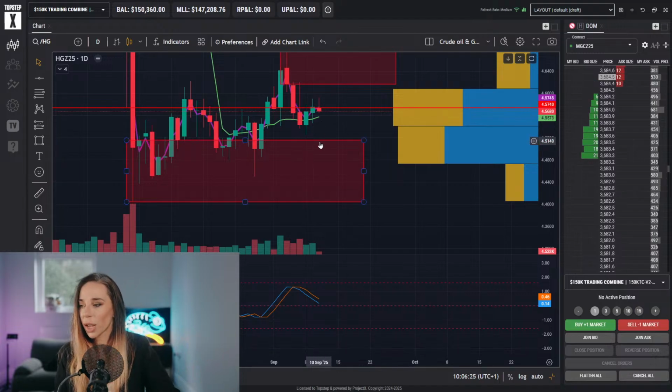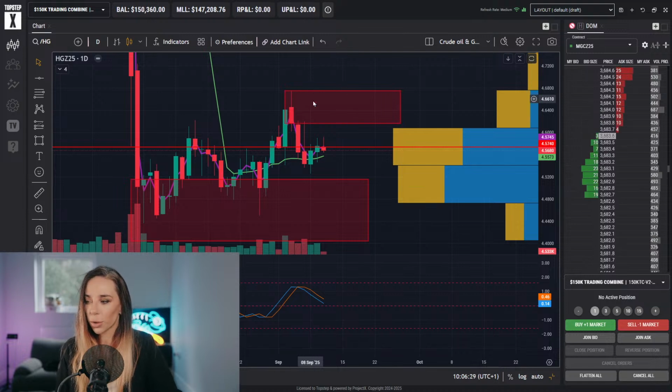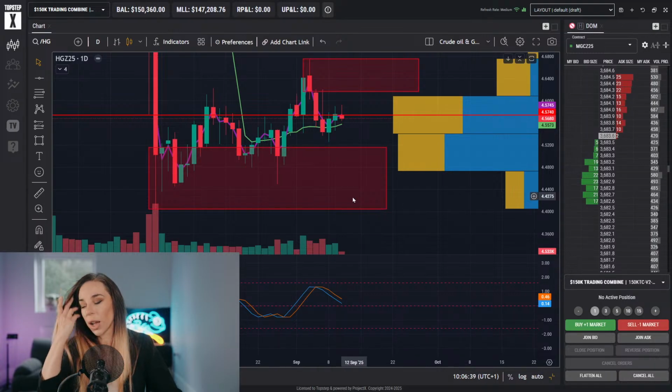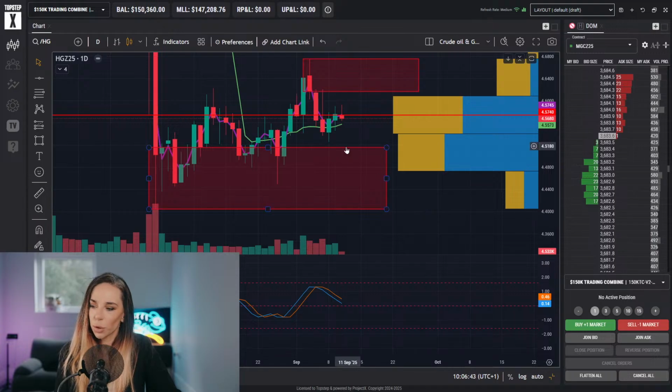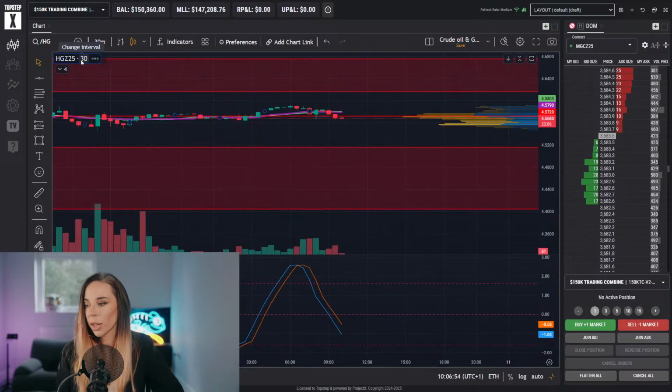Given the fact that we popped into a low volume node, reversed from it, and have a very low quality demand here, we might be looking at going lower, with the bear flag idea as well. So I might be wanting to look for shorts as a general strategy, unless we have something really obvious happening. Now that we know all of this, let's check out the intraday timeframes immediately.